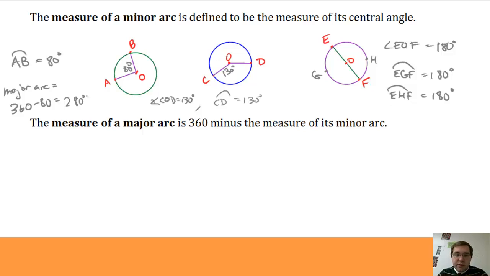Circle in the middle, the major arc is 360 minus 130, which is 230 degrees. The circle on the right, each one is already 180. 360 minus 180 is 180, so it still is logically consistent. The measure of the minor arc then is the measure of the central angle. The measure of the major arc is 360 minus the measure of the minor arc. So always find the minor arc first.